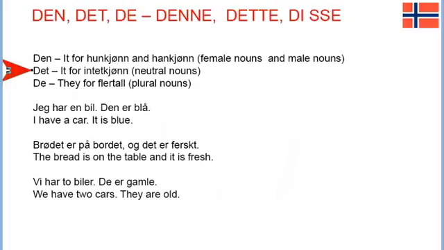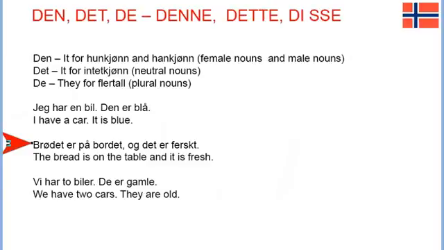Det is the meaning it for neutral nouns, and de is for plural nouns. In other words, they. For example, jeg har en bil. Den er blå. En bil, as you might remember, is a male noun, so therefore it will be den.